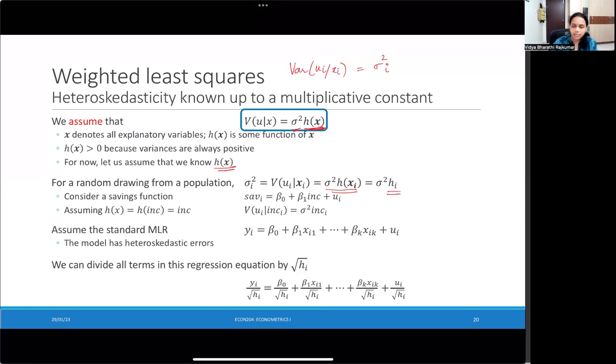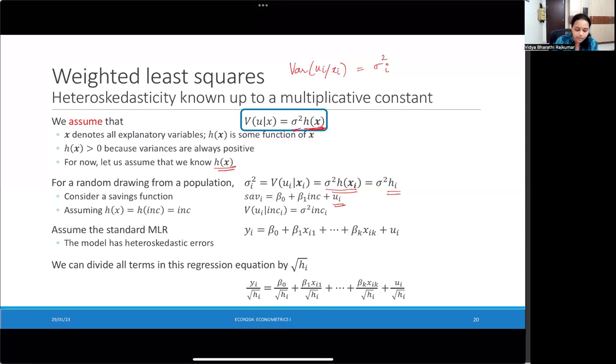Now, let's take the simple example of a savings function, where savings is dependent on the income of the person. For the error term here in the simple linear regression, we're going to assume that there is heteroscedasticity in the model. So the variance of the error given income is no longer a constant, but rather a function of the x variables.